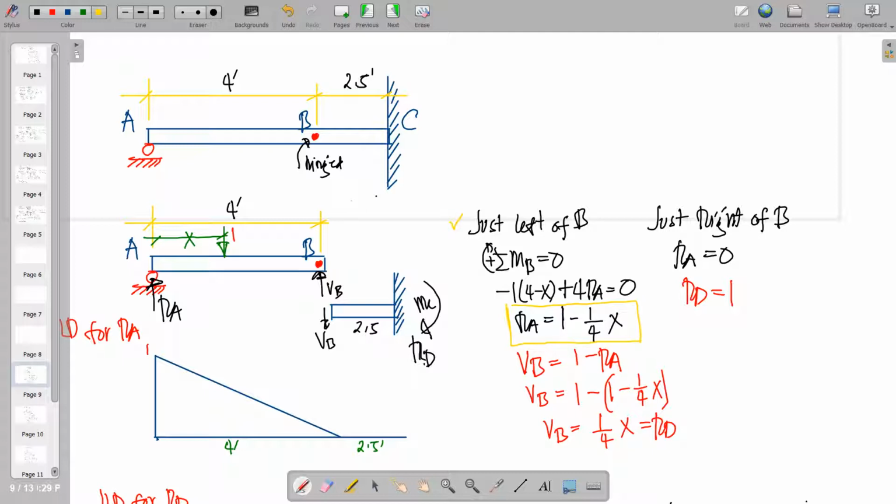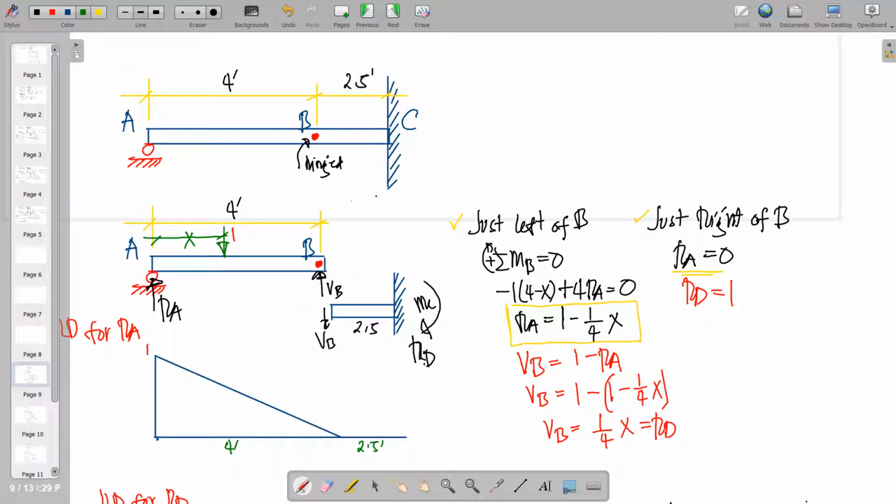considering the left portion. And then considering the right portion, RA is always equal to 0. Why? Because the 1 is already no longer present on this segment AB. If there is no loading, RA will have no value, or it will always be equal to 0.